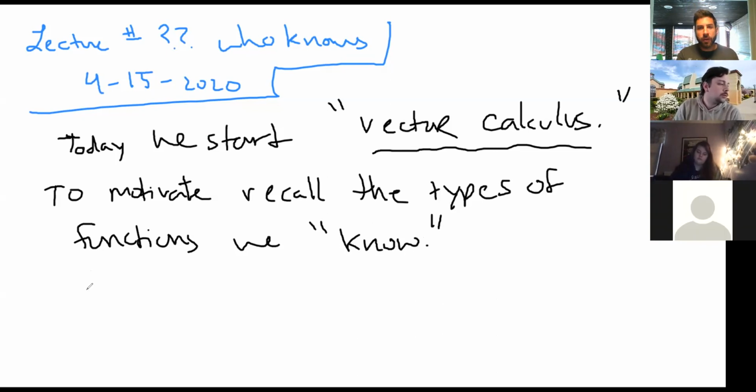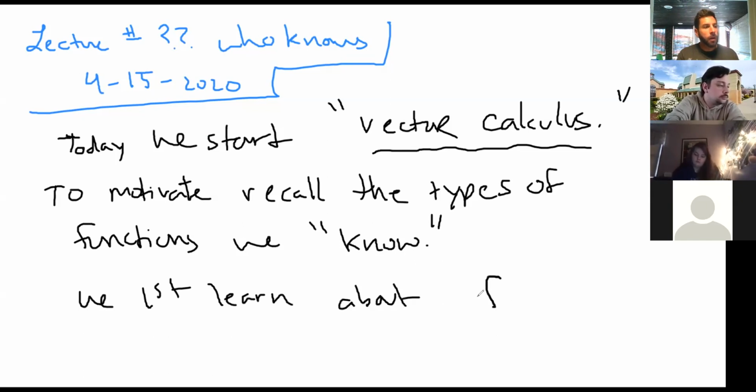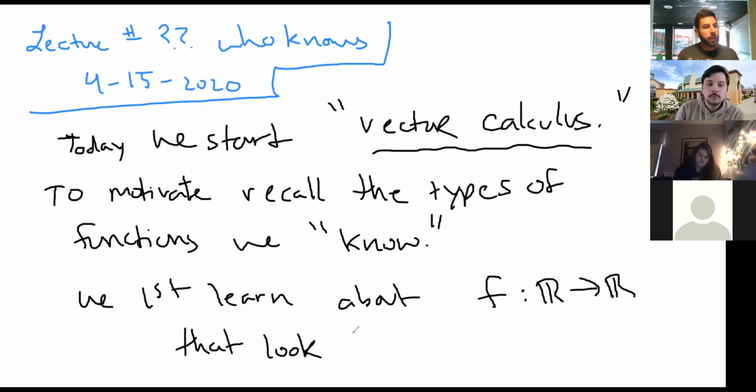So the first type of function you study is functions that sort of take a real number into a real number. That sort of look like, you know, y equals f of x. So what does this mean?